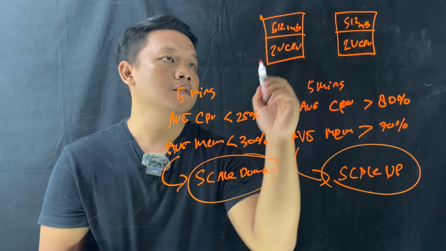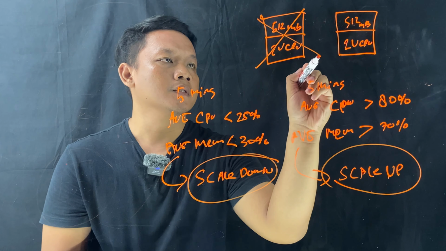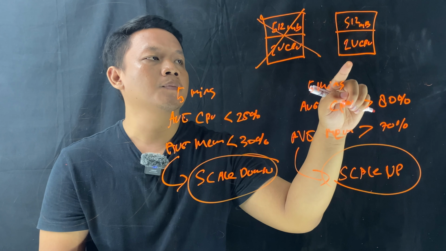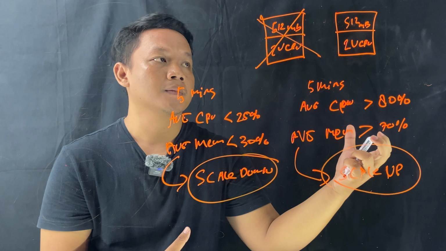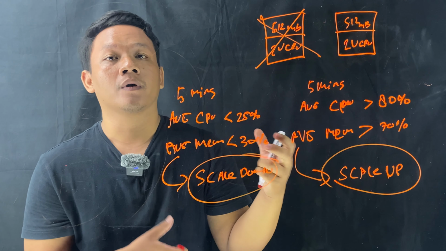Scale down here means it will remove one of the containers so we can keep the cost optimized by using only the necessary containers to run. And that's the beauty of horizontal scaling.